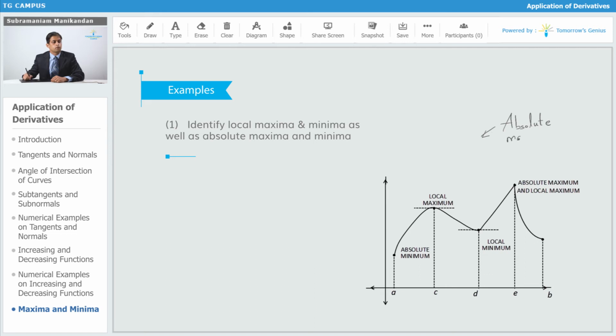Absolute maxima occurs at x equal to e. Let us look at the lowest point on the graph of this function. This occurs at x equal to a. Therefore, at x equal to a, the function has an absolute minima.